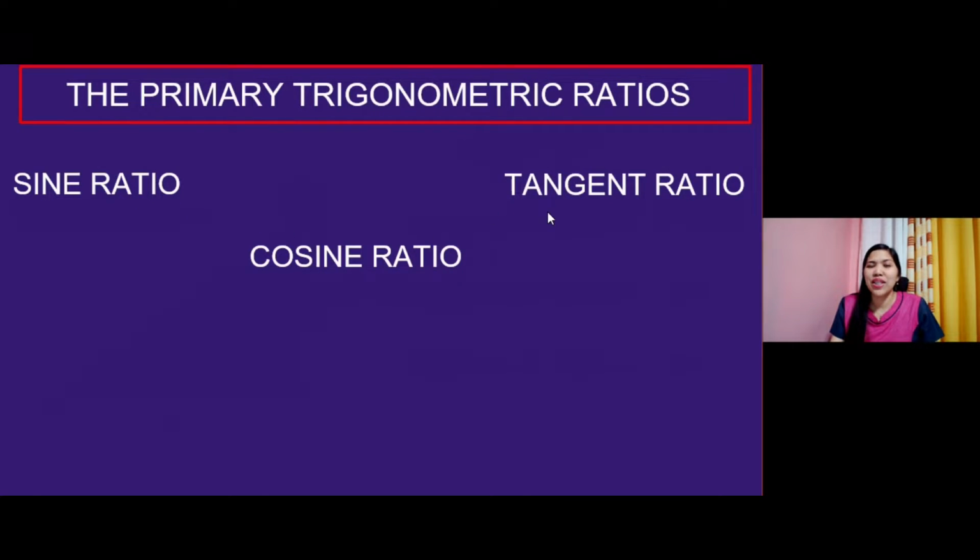And how about the tangent ratio? So remember, when we say sine ratio, that is given by opposite over your hypotenuse side. While when we say cosine ratio, that is adjacent over your hypotenuse. And lastly, when we say tangent ratio, that is opposite over your adjacent side.